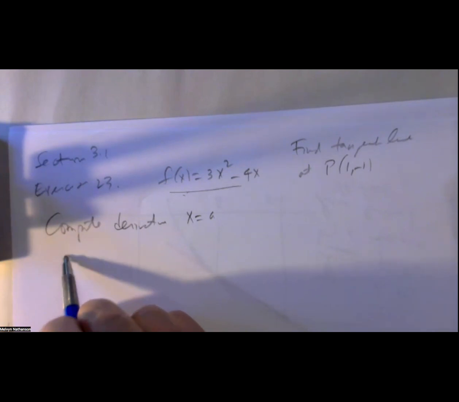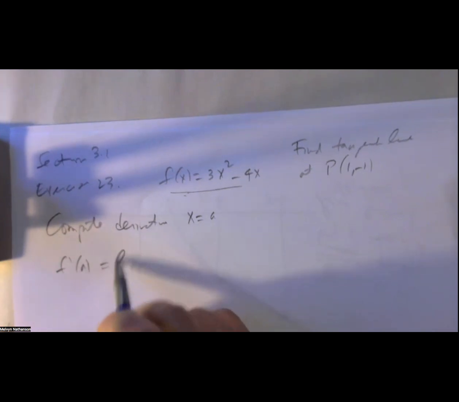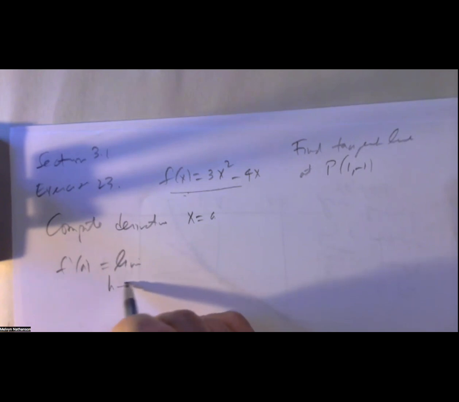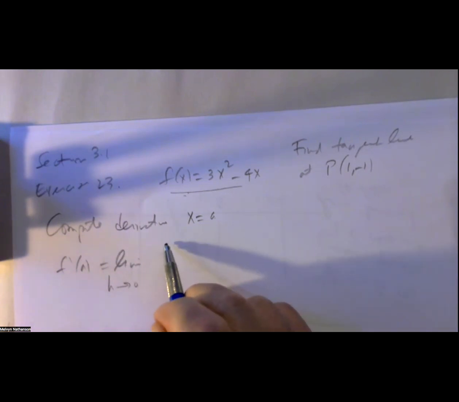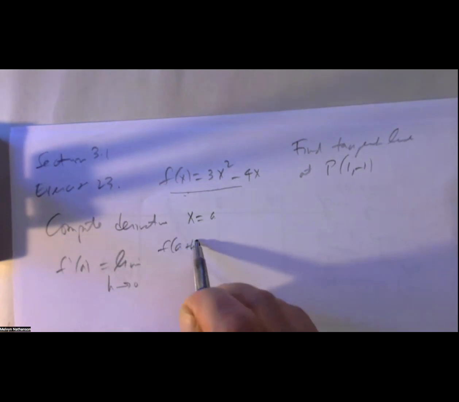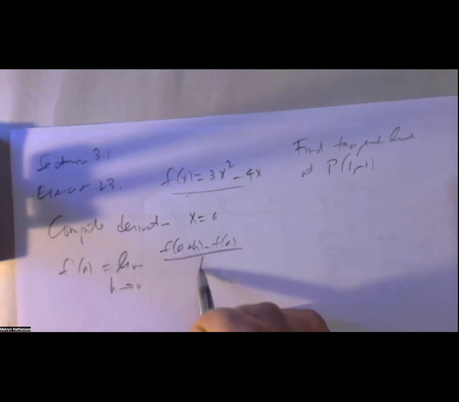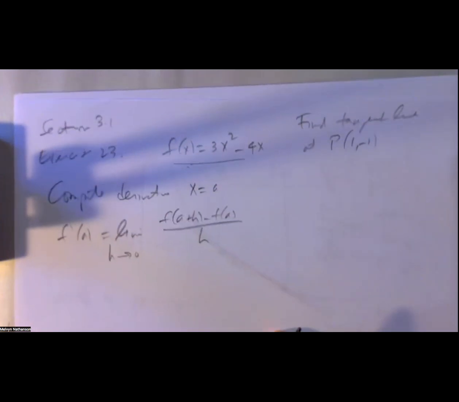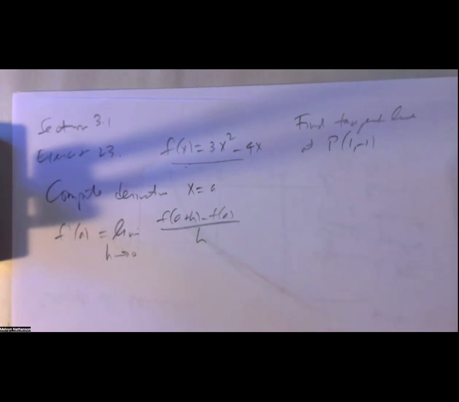So f prime of a is the limit as h goes to 0 of f of a plus h minus f of a over h. So I have to do this calculation.